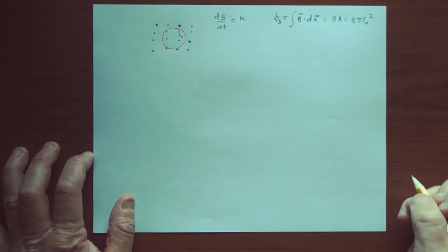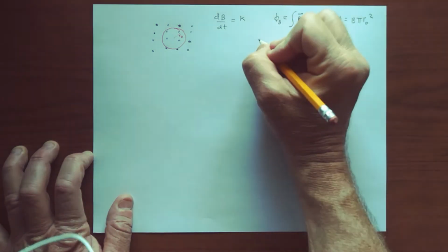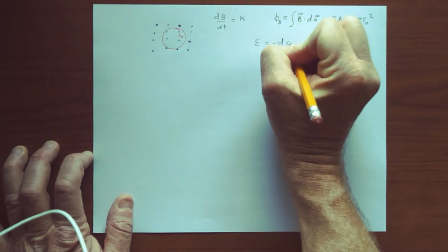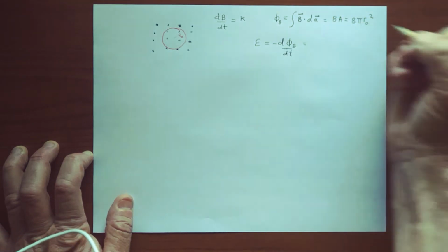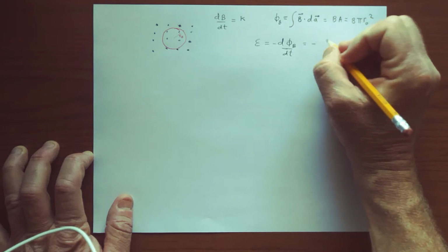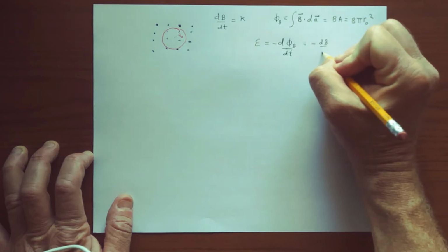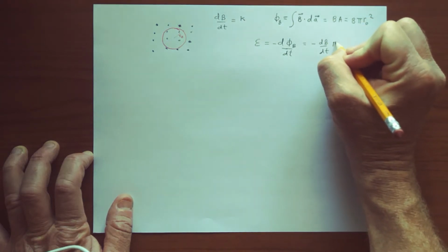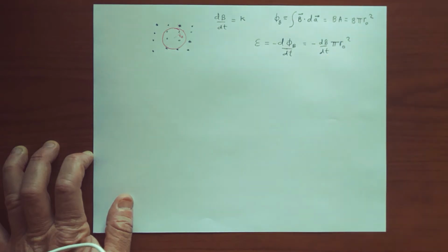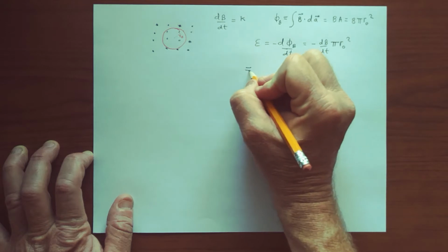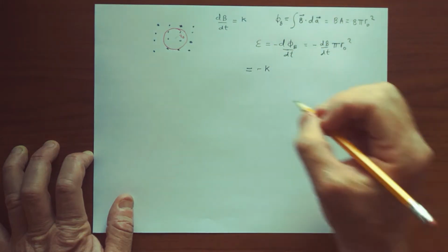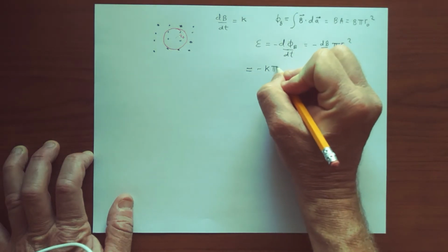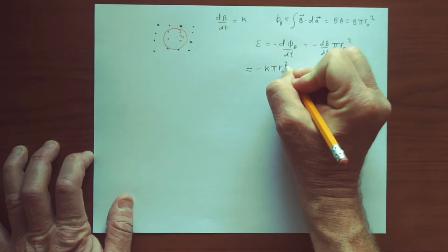We don't have what B is, but there's clearly an EMF, which is minus d phi by dt, and that is minus dB by dt pi r naught squared. And we know that dB by dt is k, so we have minus k pi r naught squared.